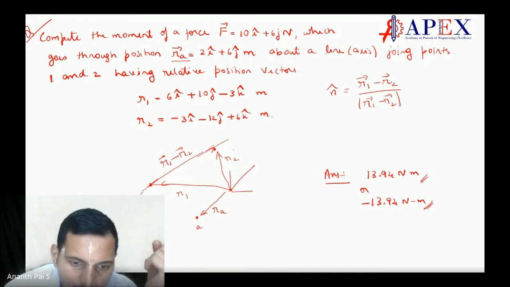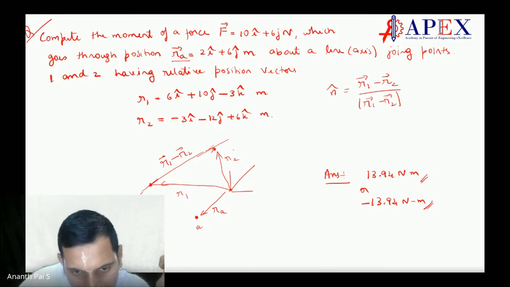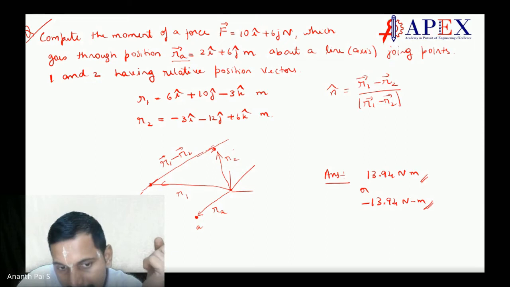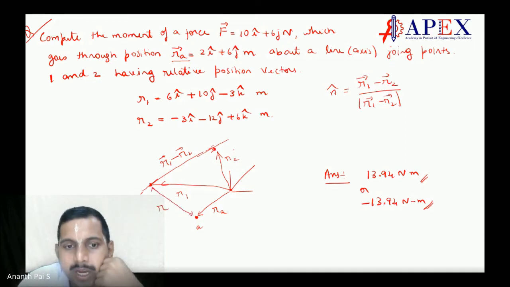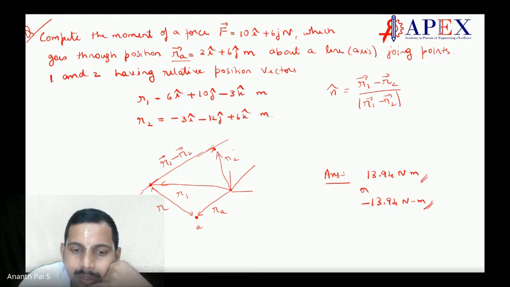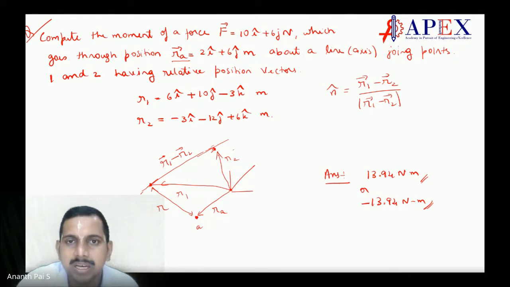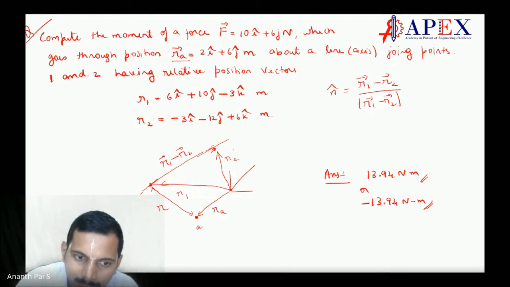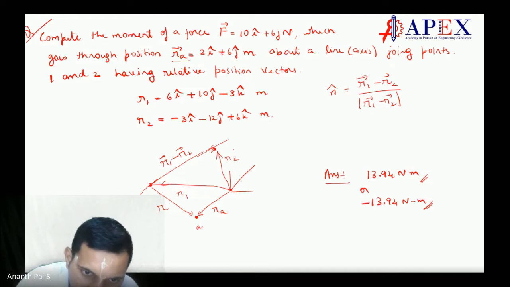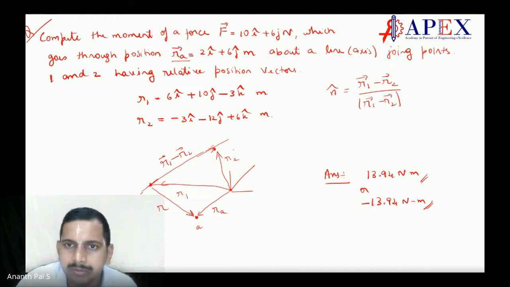With respect to this point, we have to take a direction here; this would be the r. It could be r1 minus rA, or rA minus r1, depending on which way you go along the axis.